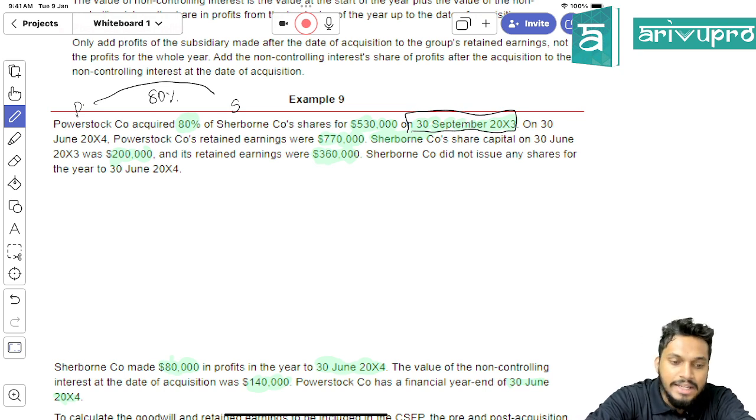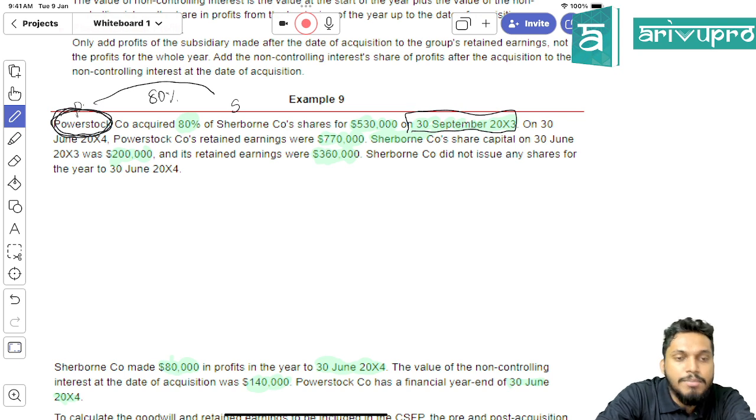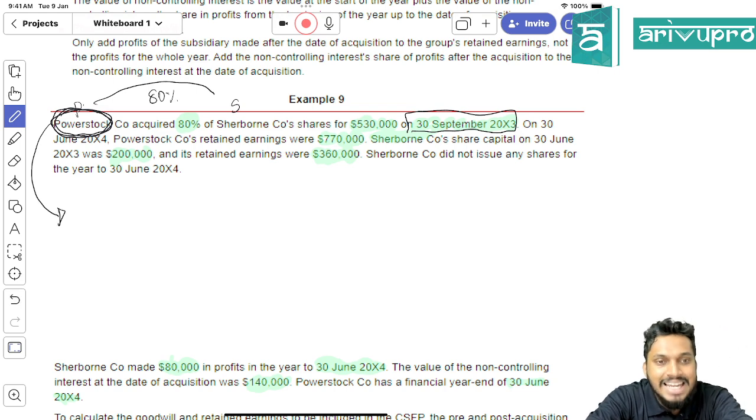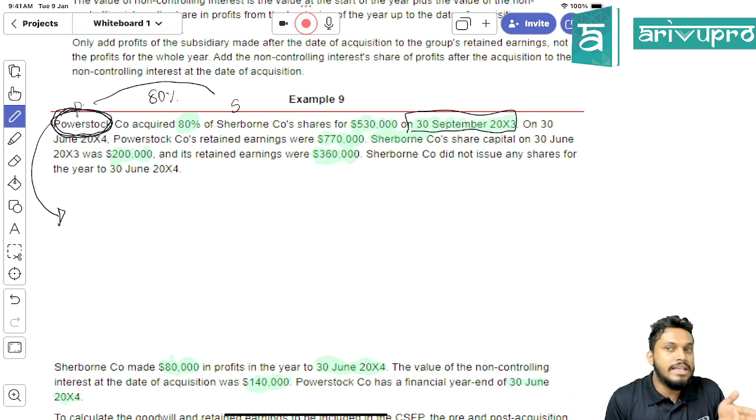So what is the financial period for Power Stock? Who prepares the consolidated financial statements? The parent. So we need to take the parent's financial period, when they start and when they end preparing their accounts.